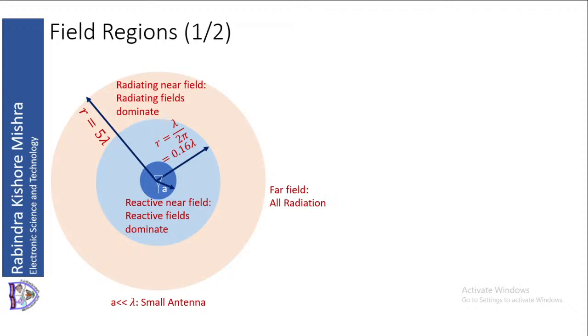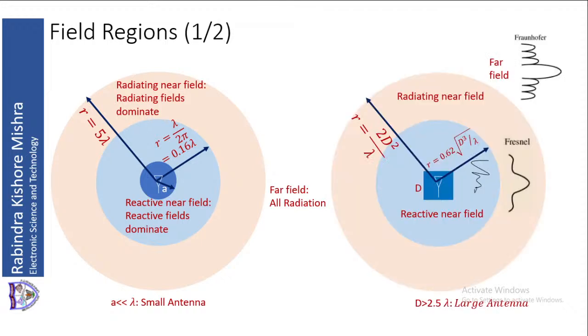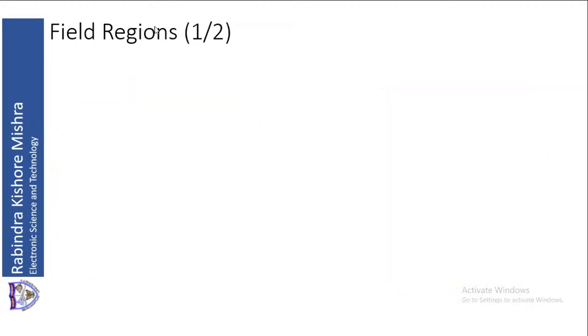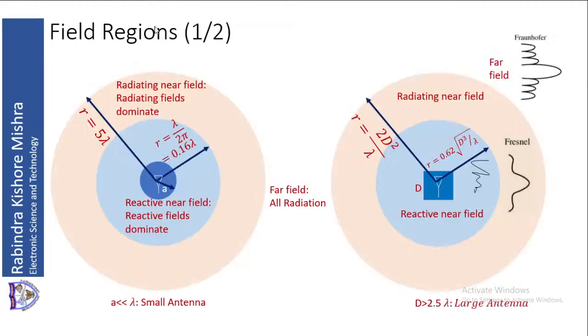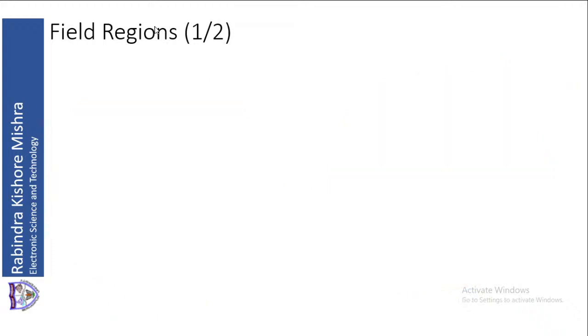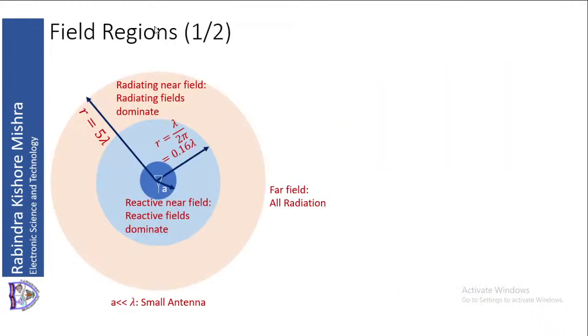Then it is reactive because the field in this region is predominantly reactive in nature. Radiative behavior will be there, but the dominating factor is reactive, which means energy is mostly conserved, or mostly stored, in this region. Energy comes out of the antenna, then goes back to the antenna as if it is a capacitor or inductor.